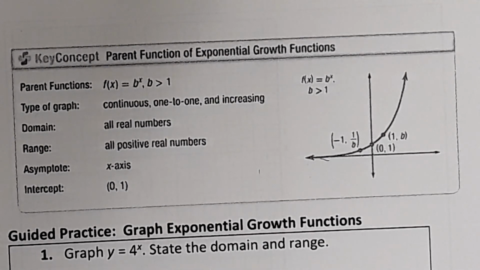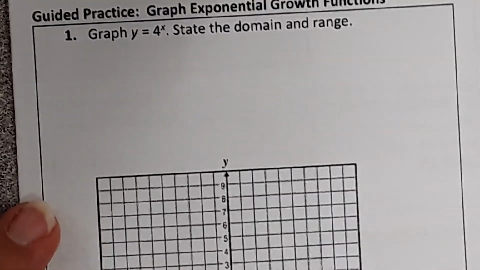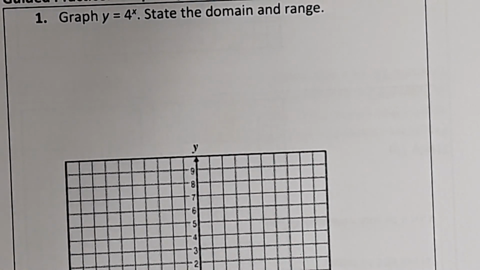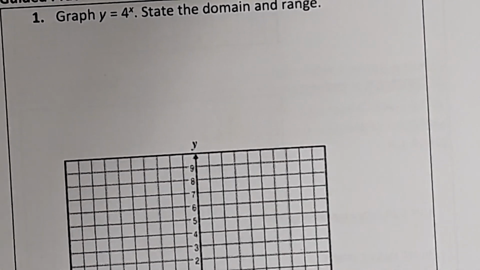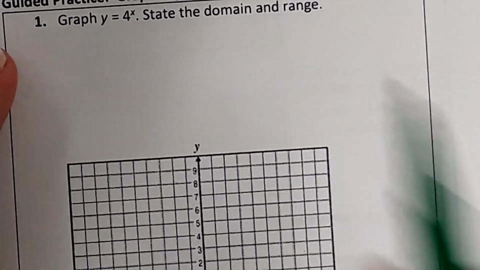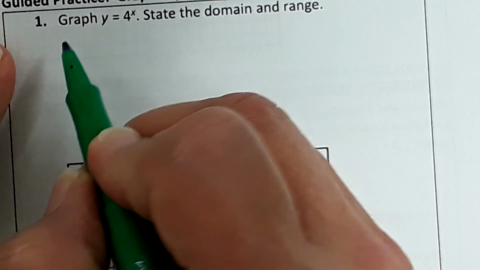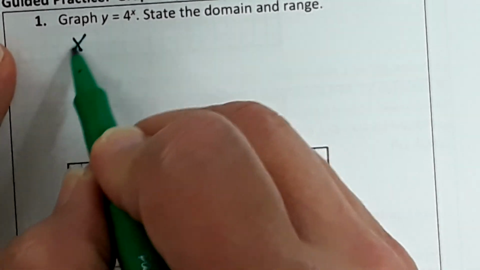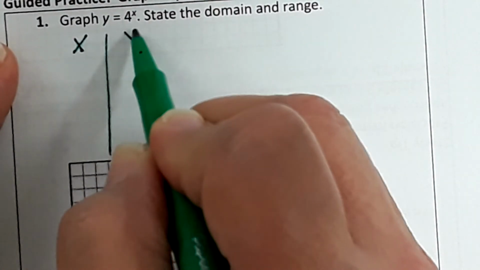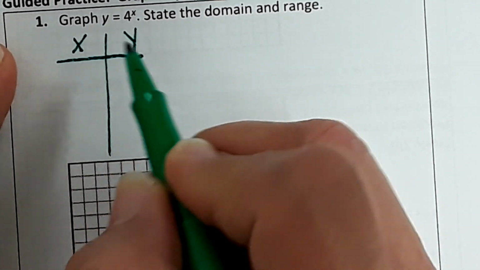So let's go ahead and graph a type of parent function. We're going to graph number 1. The first thing that we're going to do, you guys, is just make a chart. We're going to have x's and y's.